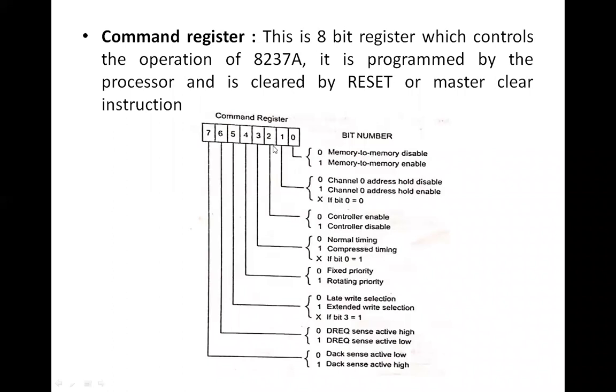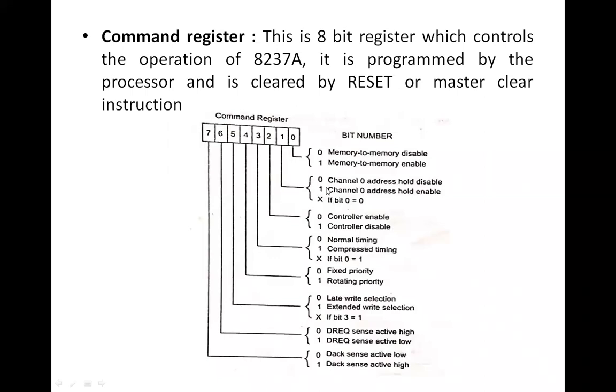Now, the command register contains 8 bits. The first bit, that is bit 0, decides whether it is a memory to memory transfer or something else. If it is 0, memory to memory is disabled. If it is 1, memory to memory is enabled. The second one is bit number 1.